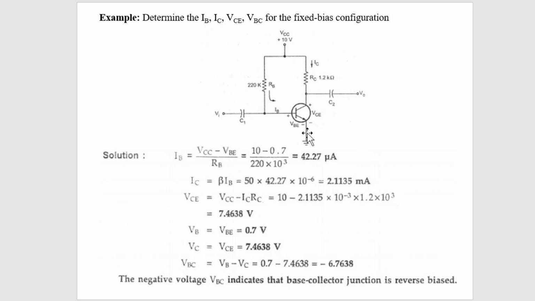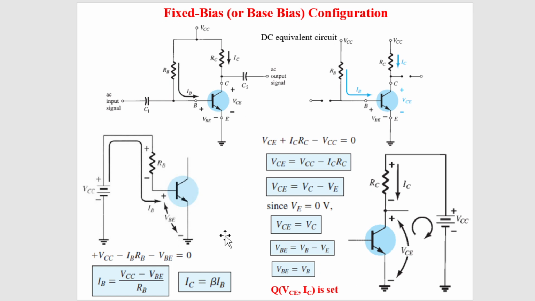For silicon, if the transistor is made from silicon, we know the value of VBE is 0.7 volt, and VCE we have calculated is 7.46 volt. So we can find out the value of VC, and we can find out the value of VB. From the theory part, VB is equal to VBE for this fixed bias configuration.